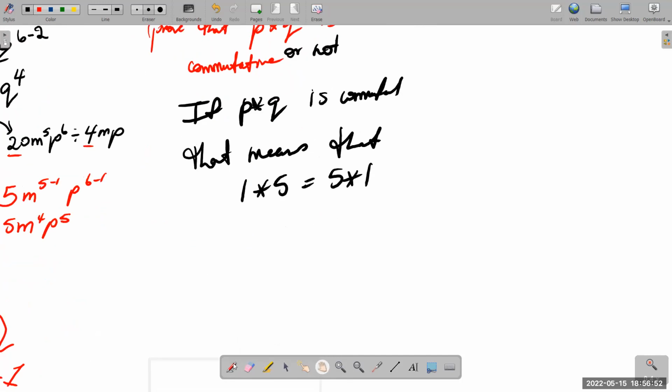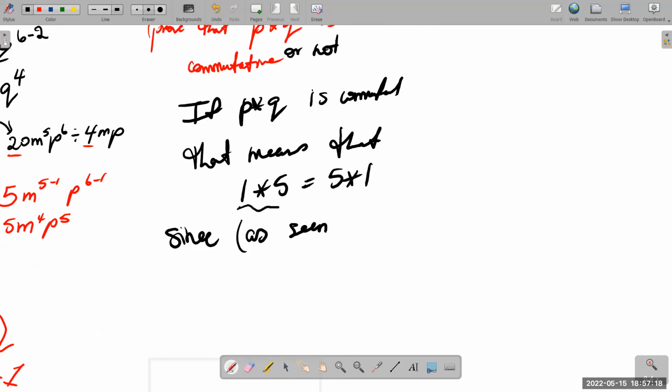Talk to me. This is where sentences come in, in CXC. You have to use statements. So I can say, if P star Q is commutative, that means that 1 star 5. And then I'm going to say what? Since, and you could even put in brackets, as seen above, because you let them know that you already did it.